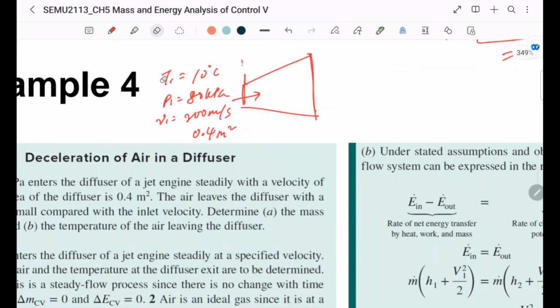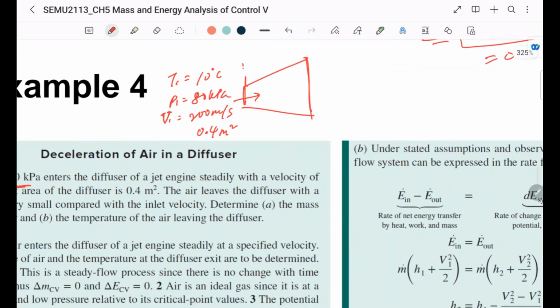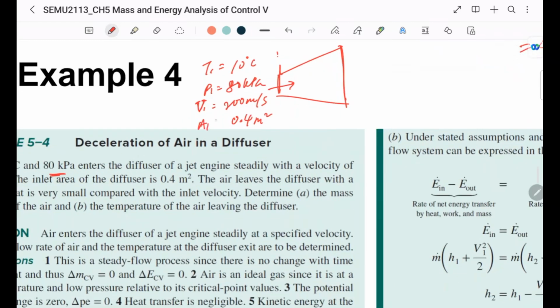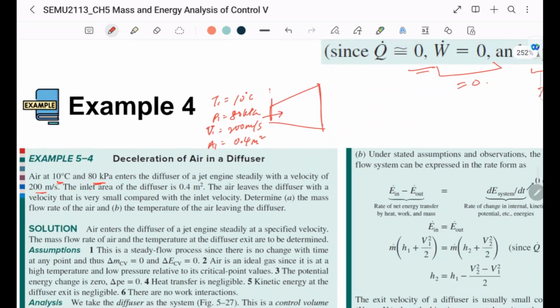I should write this properly. V1, straight V, and then A1. The air leaves the diffuser with a velocity that is very small compared to the inlet velocity. So going out here, V2 is almost 0. That's what the question says.